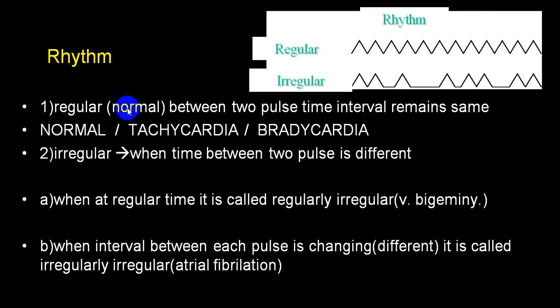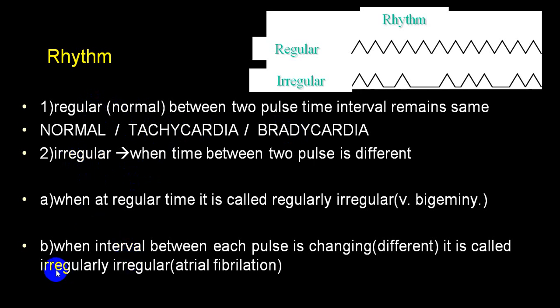So if the interval between the two is absolutely normal, then we call it a regular rhythm, which can be normal. And if the rate is fast, more than 100, we call it tachycardia with regular rhythm. And if the rate is less than 60, we'll call it bradycardia with regular rhythm. Now, if the interval is not regular, then whether it is regularly irregular or irregularly irregular.